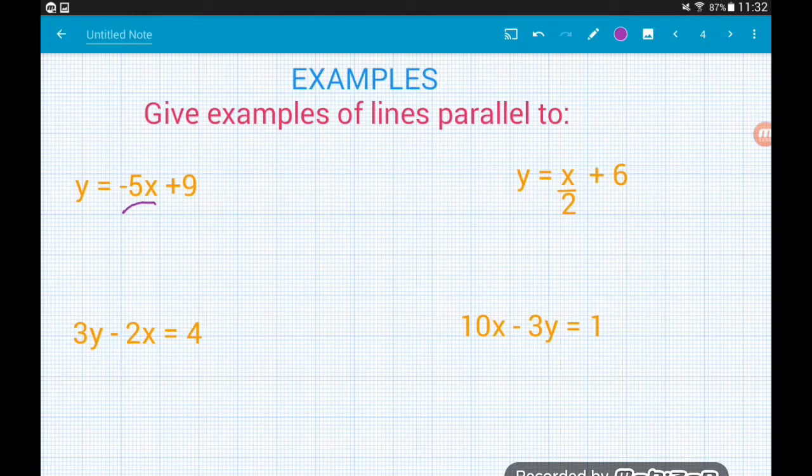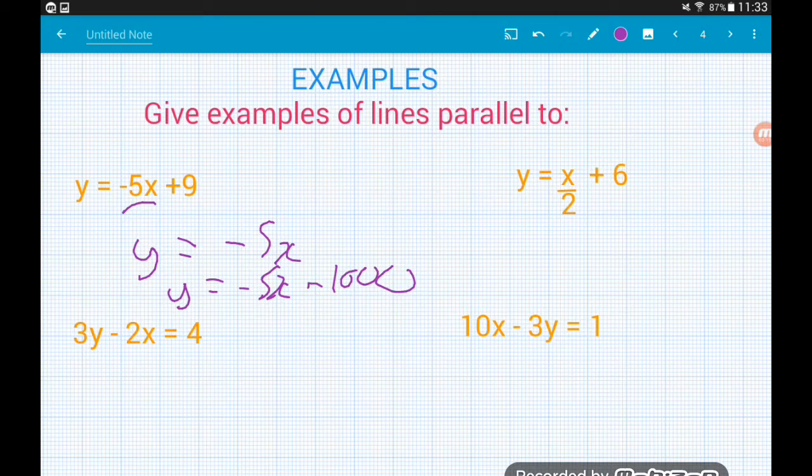We could simply have y = -5x. That's parallel, it's got a gradient of -5. We could have y = -5x - 1000. Both of those are examples of lines parallel to y = -5x + 9.